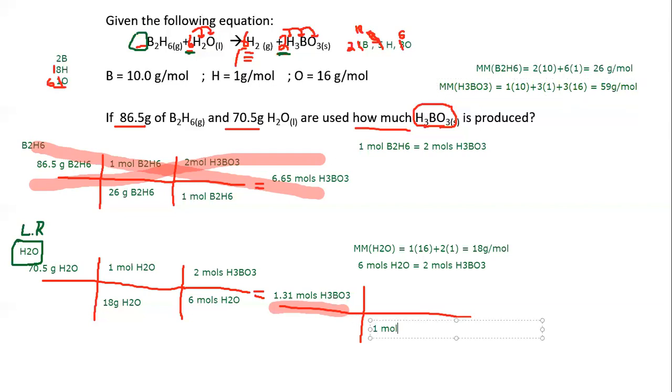Mole goes on the bottom. Mass goes on top. We get 77.3 grams. So again, this is referred to as the theoretical yield.